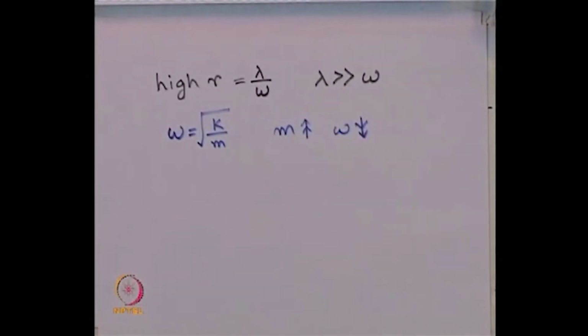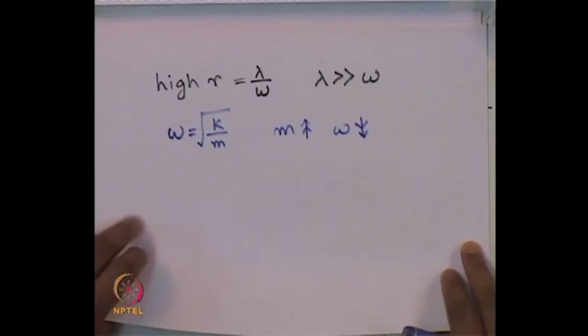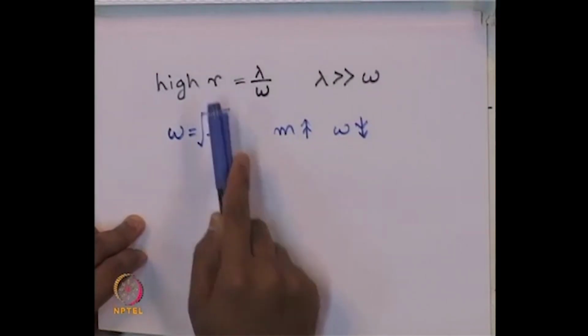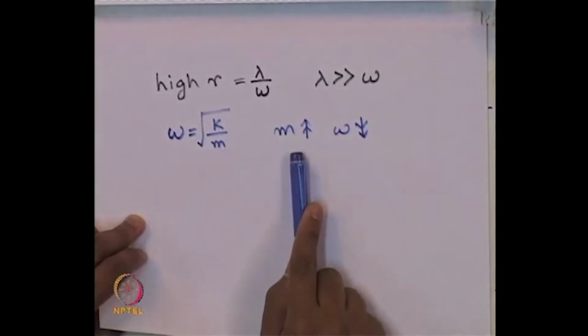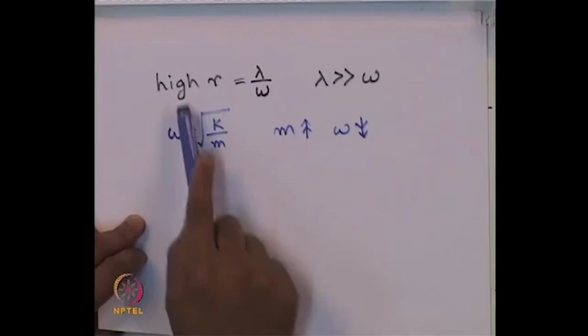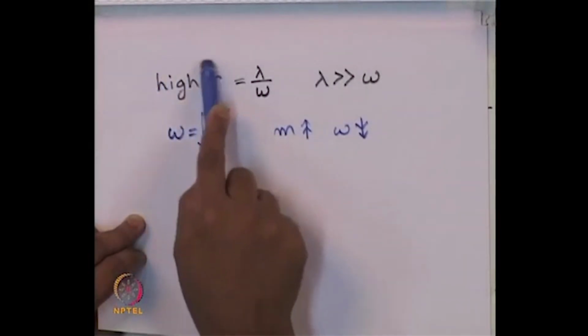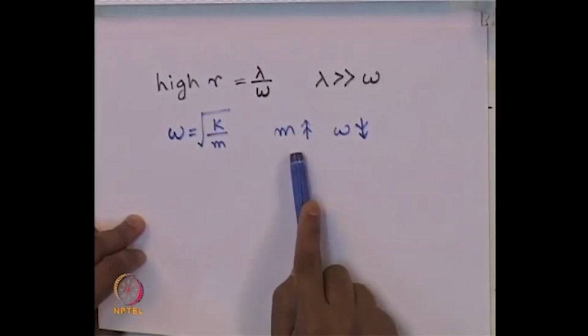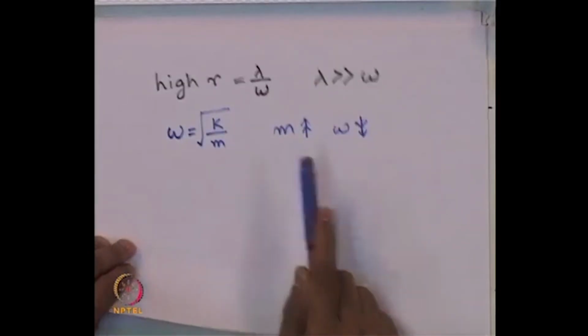So, we have now identified that a very high value of R can come from increasing the mass of the system. So, this region of very high value of R is dominated by the mass of the system.